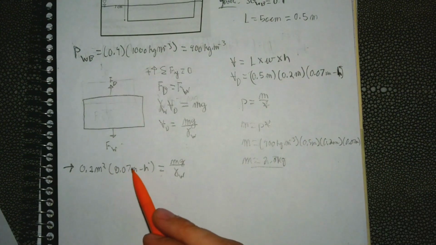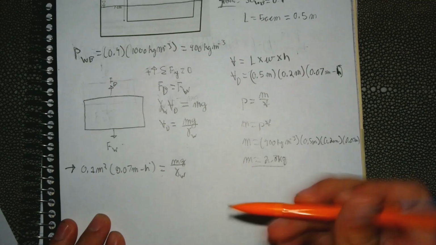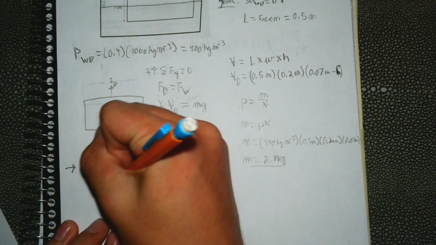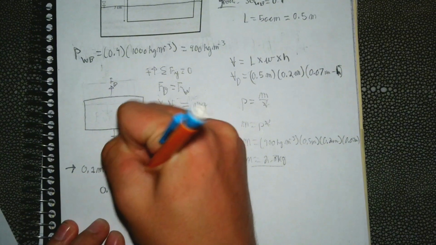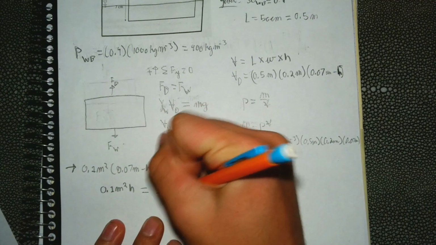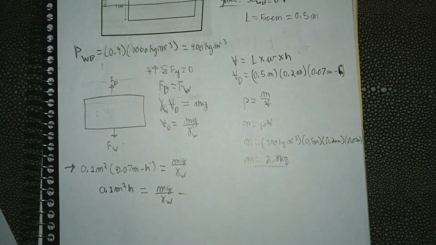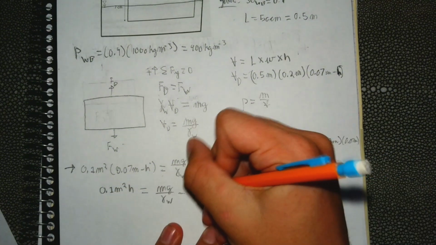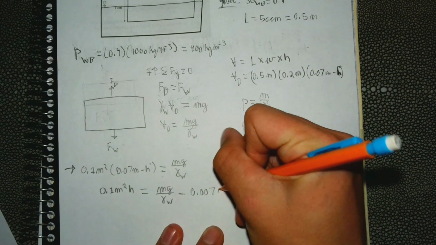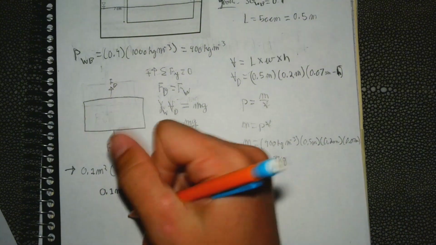We can go ahead and multiply this out, and then I'm going to multiply it and add it over, so we get 0.1 meters squared equals mg minus 0.007. Okay. Did some rearranging.